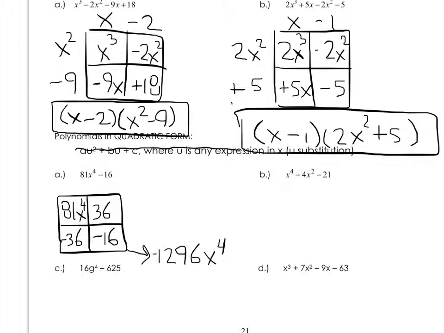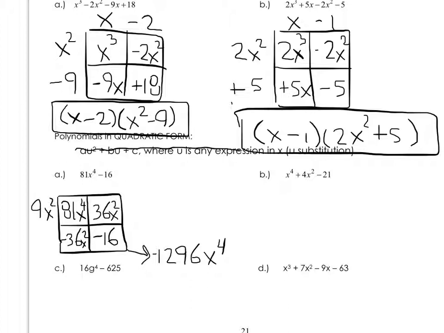Now, we also have to split up that x to the 4th, so let's give an x squared here, an x squared here, and that makes sense, since those would cancel each other out. Okay, going through here, we need to pull out our GCF. I believe 36 and 81 are both divisible by 9.